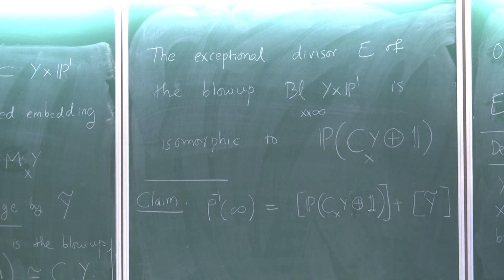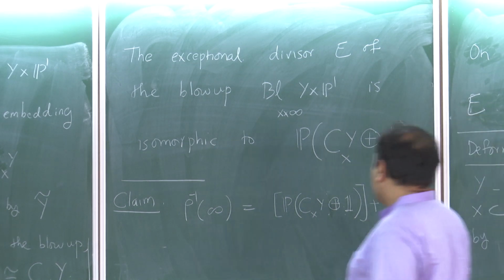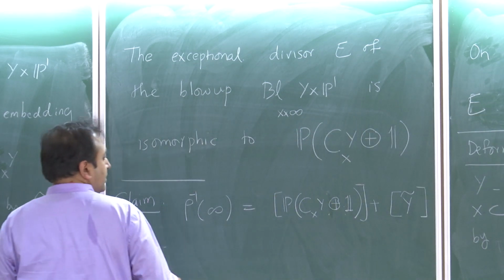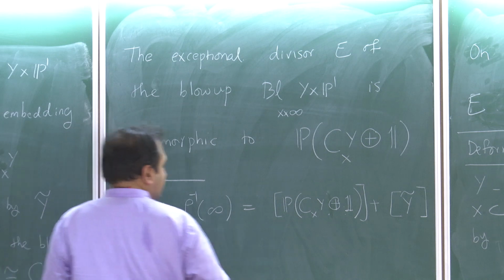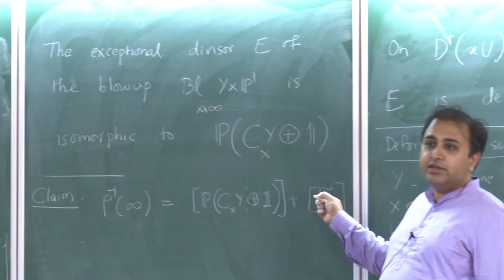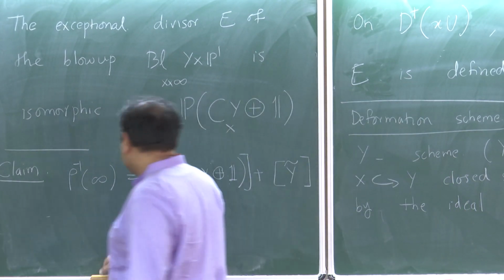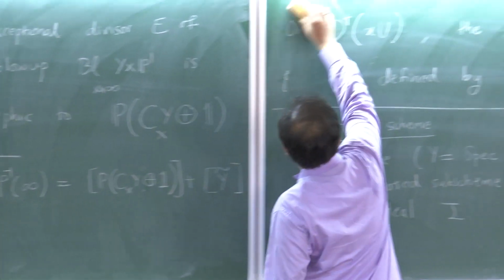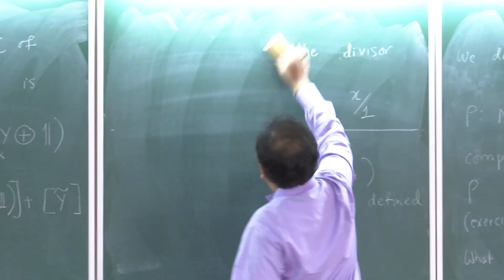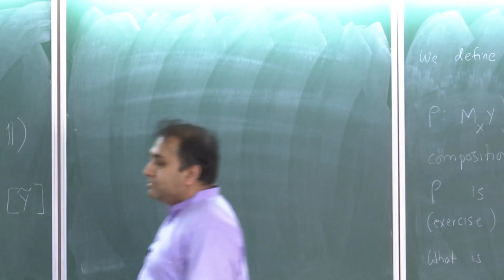And y tilde is just a copy of y. So what we will do is throw this away, and then that will give us the required scheme. So let's just quickly see how to do this. In fact, throwing away will throw out the intersection, and therefore it leaves the normal cone C_xy.